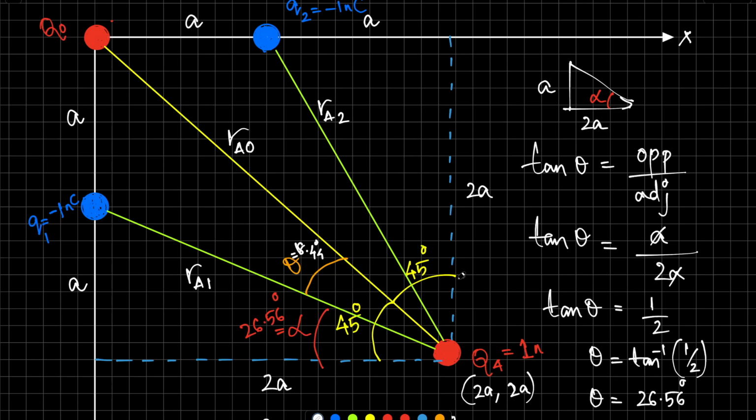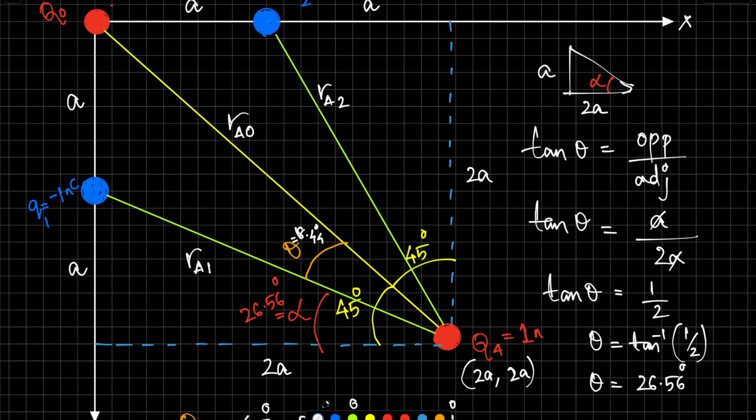Again, this whole angle is 45 degrees. They are the same charges and located at the same distance from the origin. So we have a symmetry here. This angle is alpha, which is 26.56 degrees, and this angle is theta.